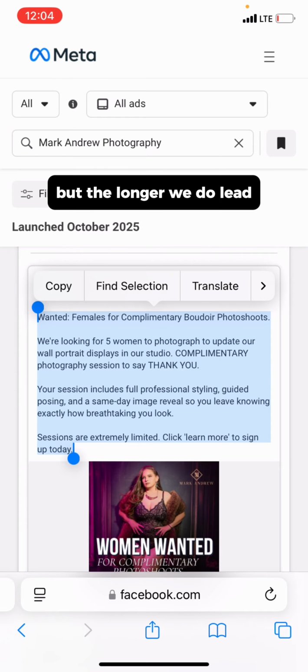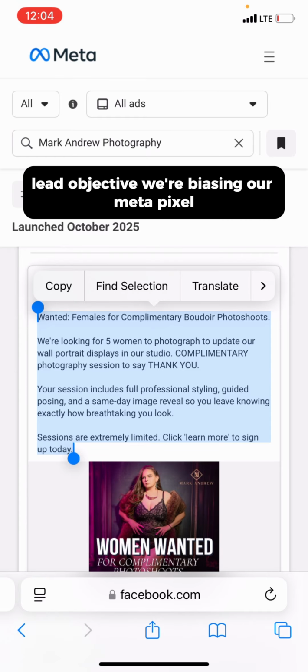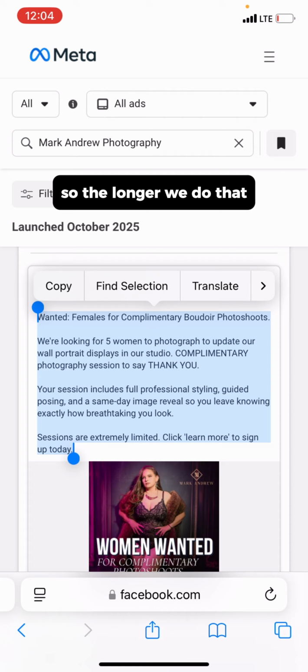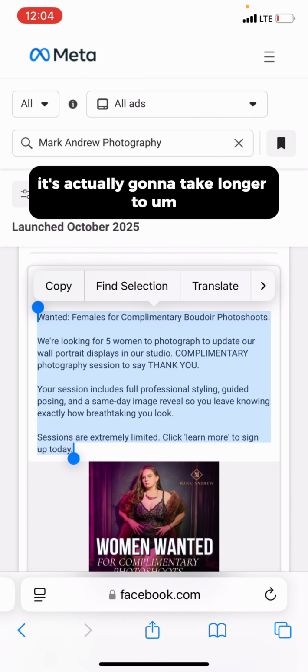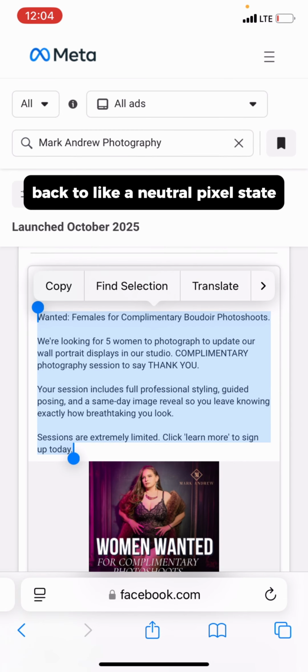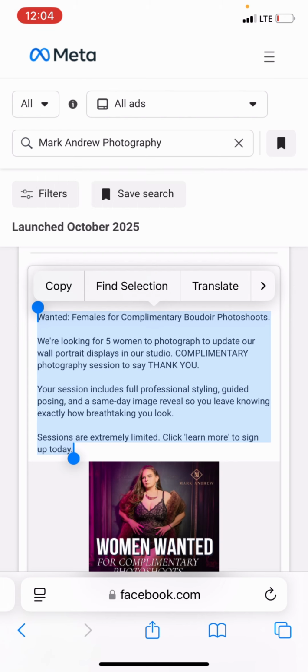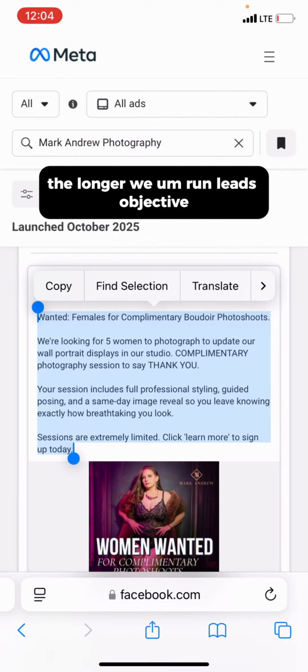But the longer we do the lead objective, the more we're biasing our Meta pixel towards non-buyers. So the longer we do that, the longer it's going to take to pull back to a neutral pixel state, and then bias towards buyers and go past the neutral state. So we're digging ourselves deeper into a hole the longer we run the leads objective.